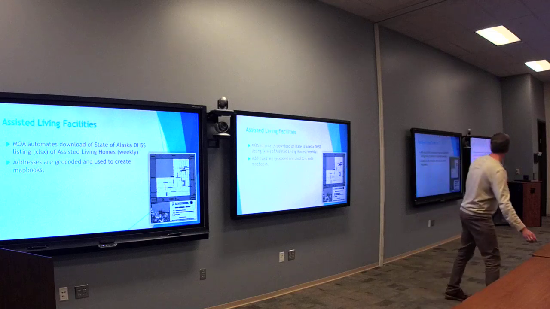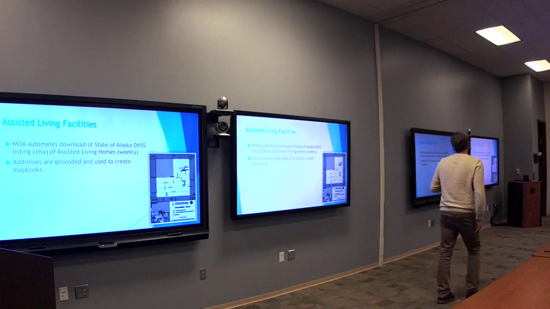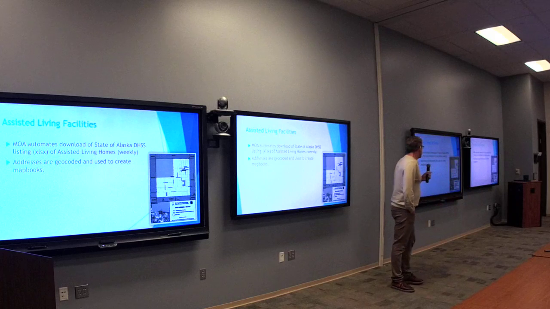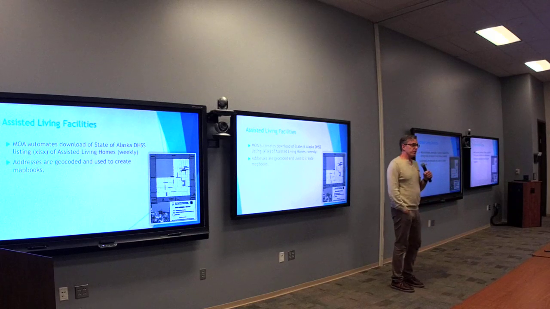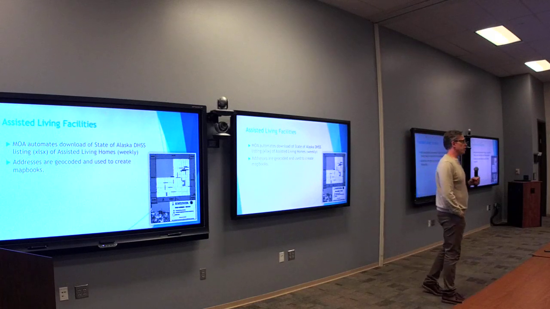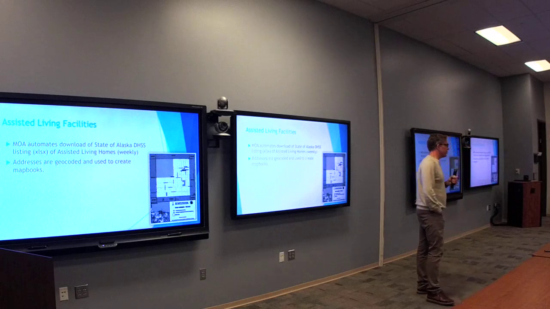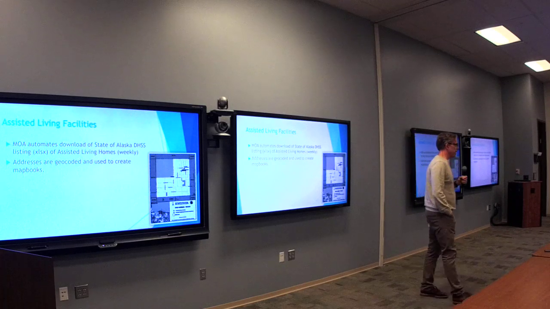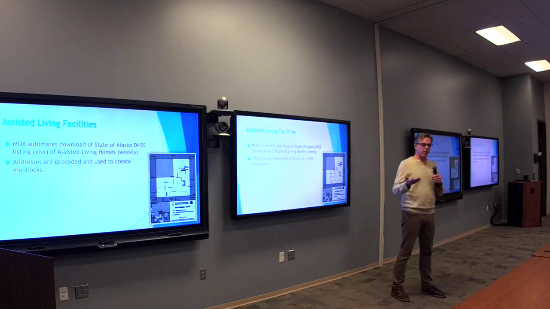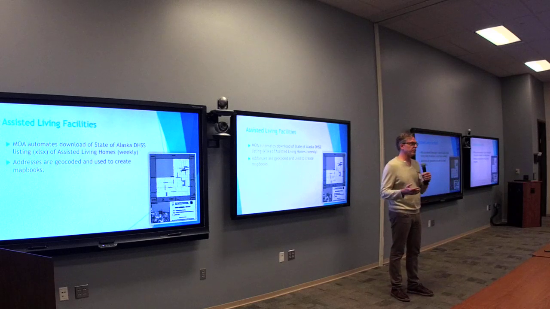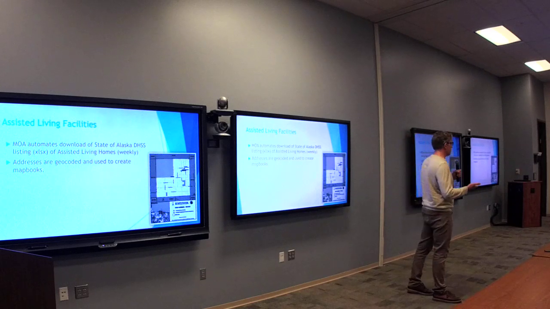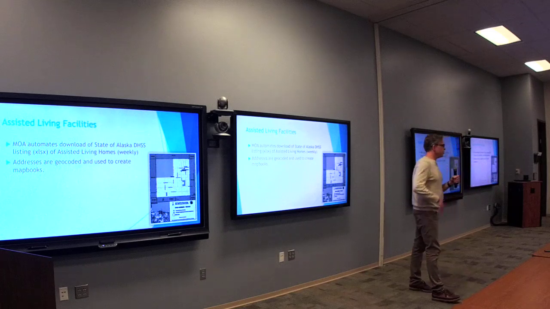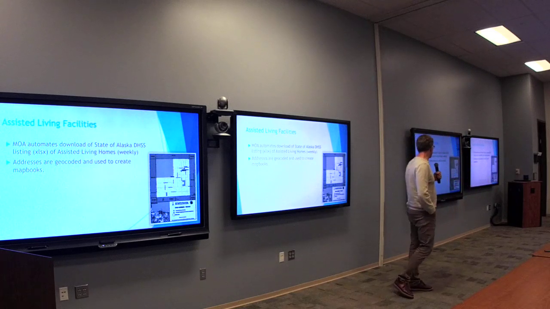Another example of data sharing. We produce maps for the Anchorage Police Department and Fire Department that show the locations of assisted living facilities, as well as members of a registry called the Vulnerable Population Registry in the municipality. If you are on the Vulnerable Population Registry, that just puts you on a list to get a visit from emergency services during some municipal-wide emergency.